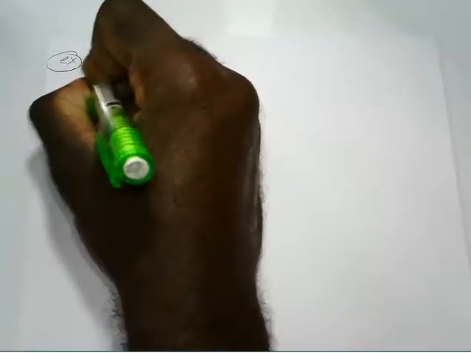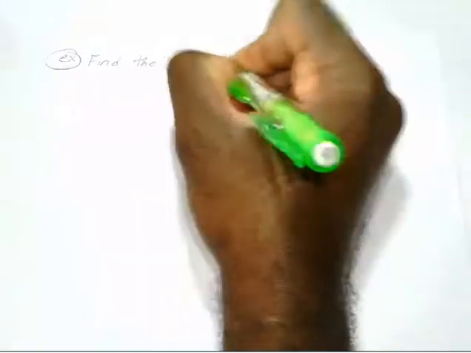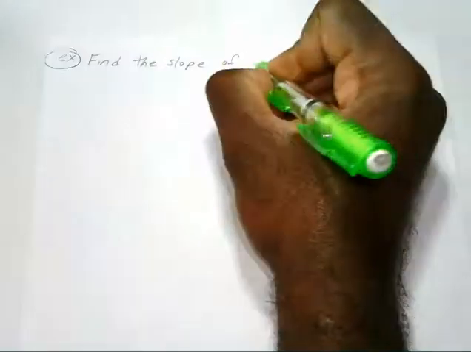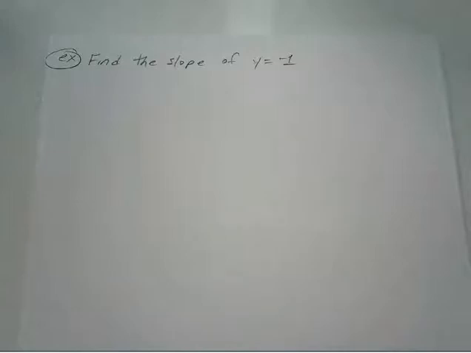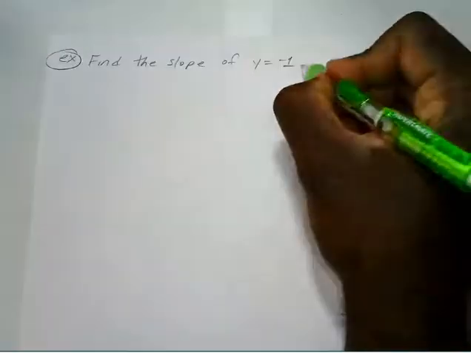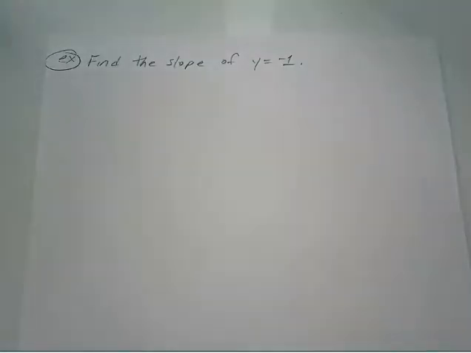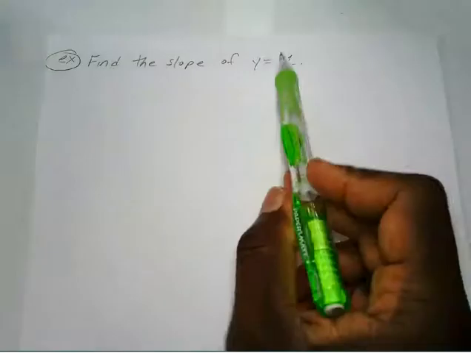Okay, so let's say, for example, we want to find the slope of y equals -1. All right, so first I'm going to show you how to find the slope, and then I'm going to show you a shortcut for when it looks like this.